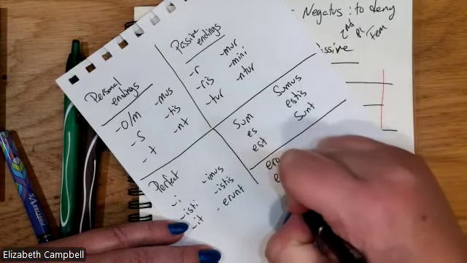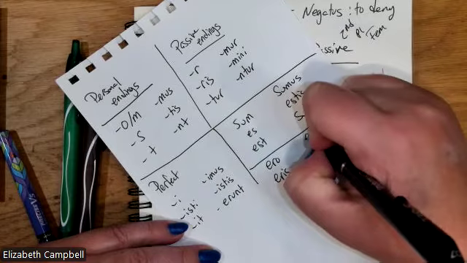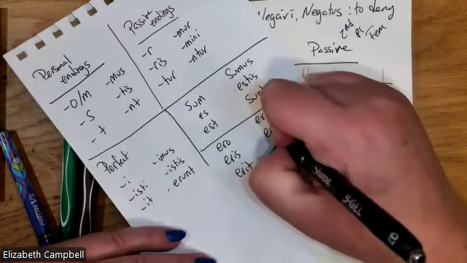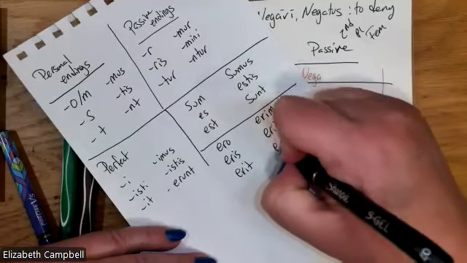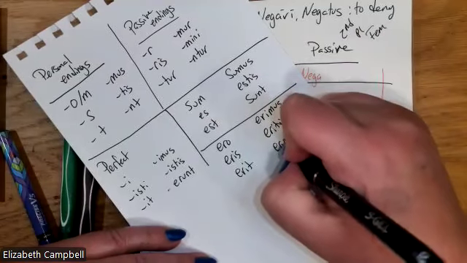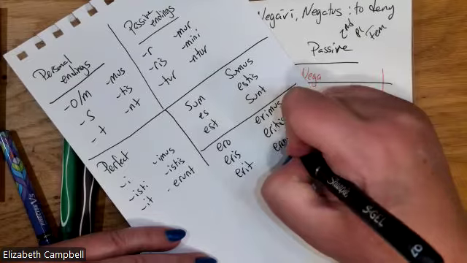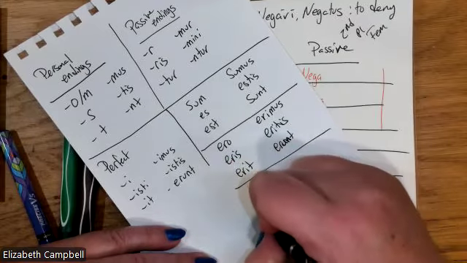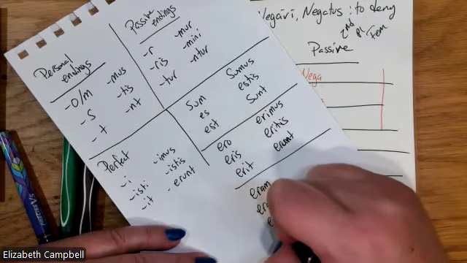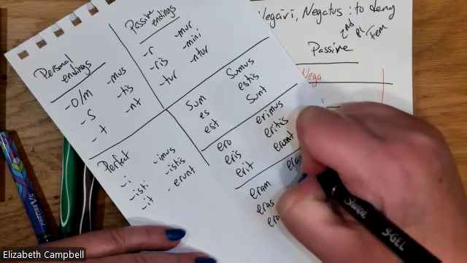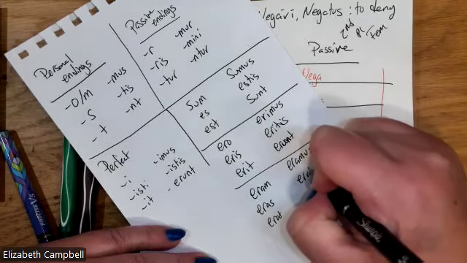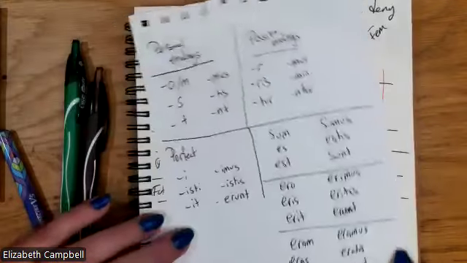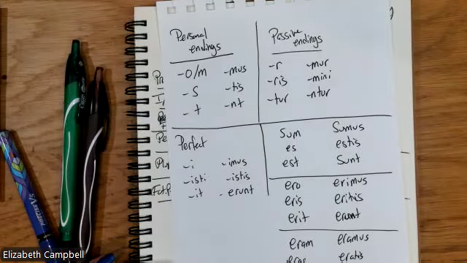Ero, eris, erit, erimus, eritis, erunt. And you need eram, eras, erat, eramus, eratis, erant. Okay, so you need basically to have all these things down.